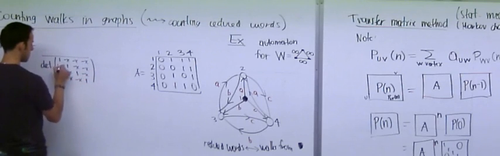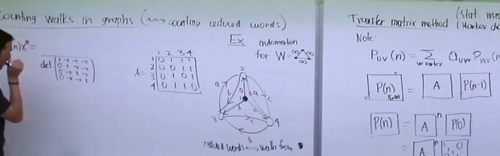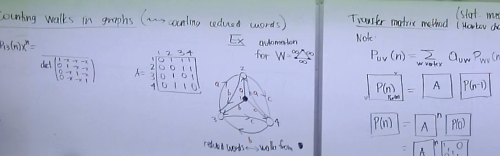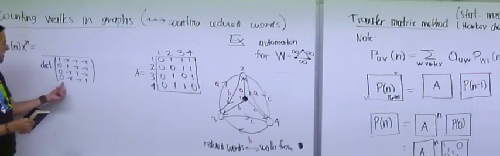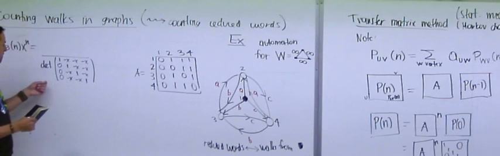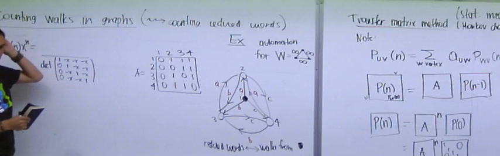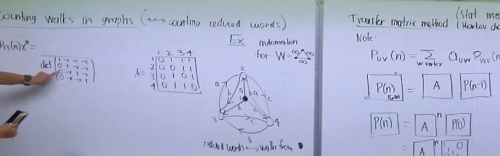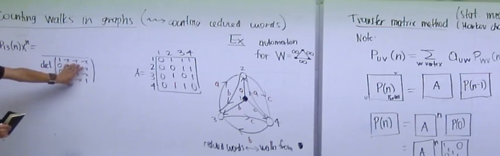We get 0, 0, 0. I feel relieved that it turns out I don't have to compute a 4 by 4 determinant, because those have 24 terms. But fortunately, because these guys are all zeros, this is just going to be 1 times this 3 by 3 determinant.